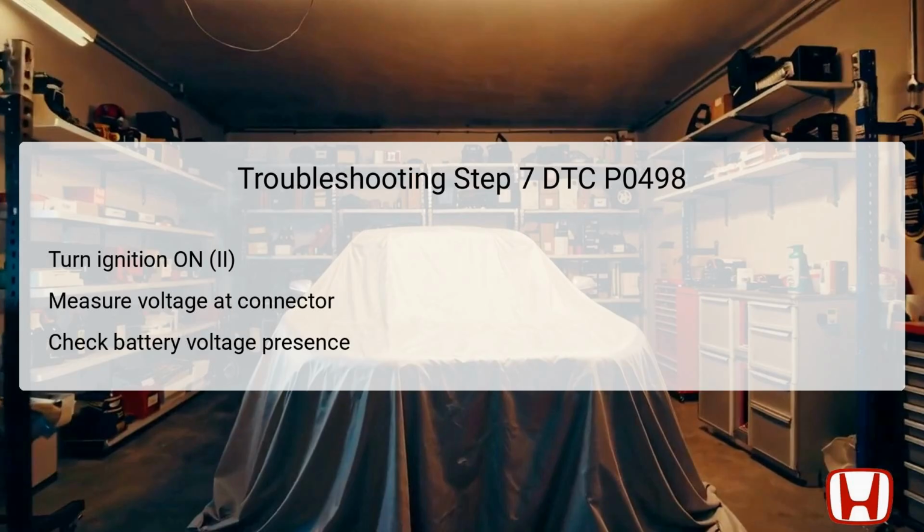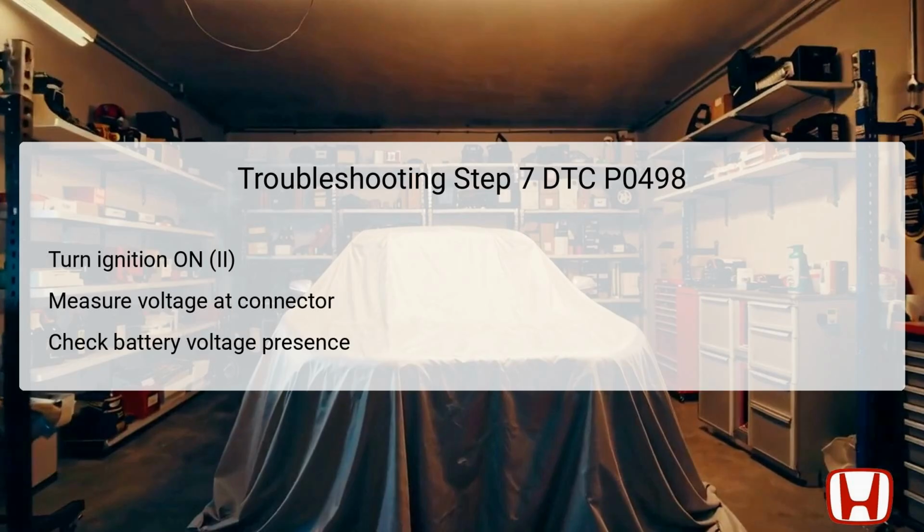At this stage, the technician will measure the voltage between the EVAP canister vent shut valve 2P connector terminal number 2 and the body ground. This measurement aims to determine if there is battery voltage present at the connector. If battery voltage is detected during this measurement, it confirms that power is reaching the valve as intended.